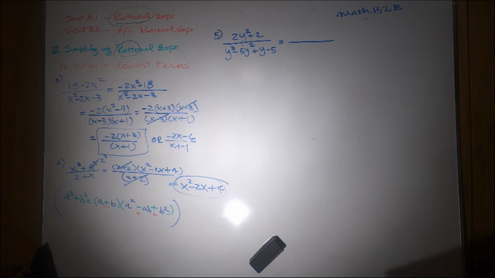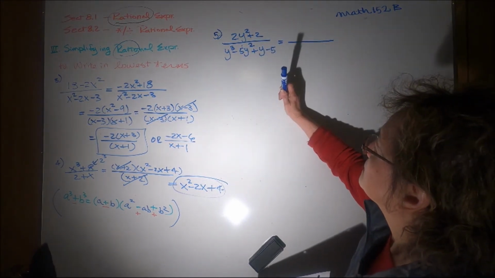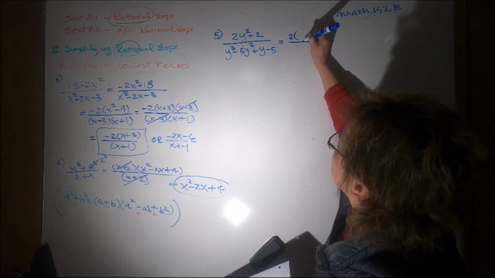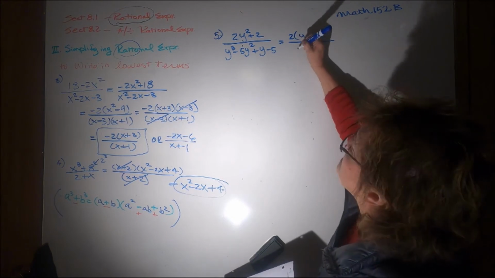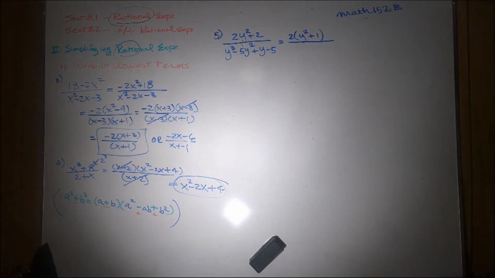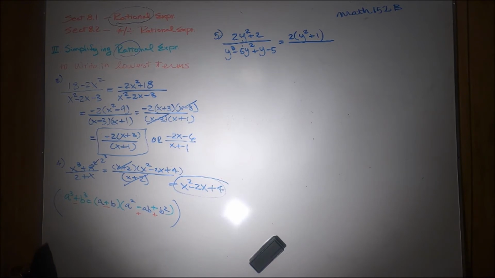For the top, binomial, and we will always do what first? GCF, which is 2. That's what we have, right? For the bottom one, what should we do?